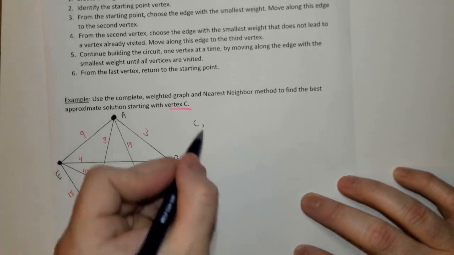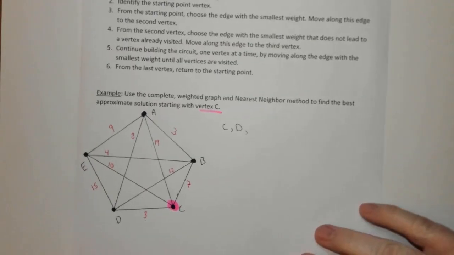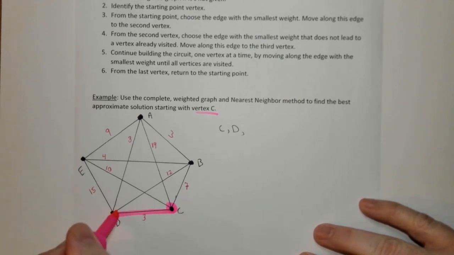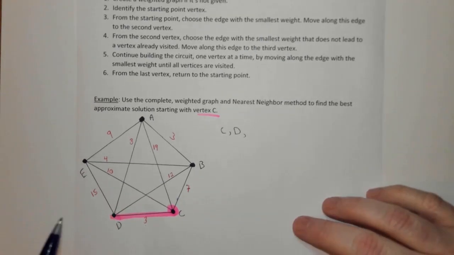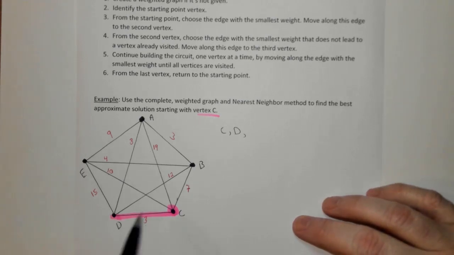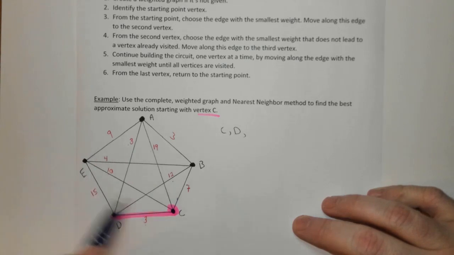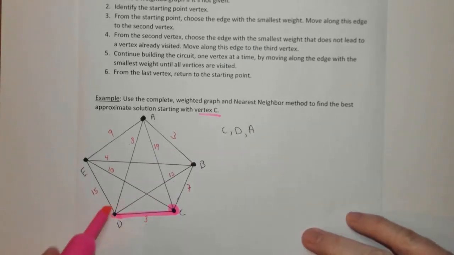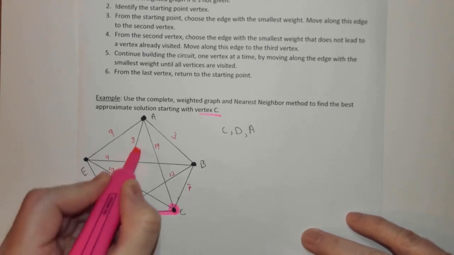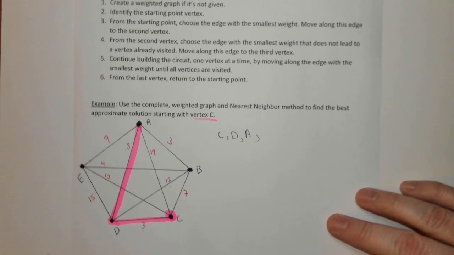Well, 3 is the shortest. Okay. So the first time I had 4 stops. Now I've only got 3 stops. Now we start over. 12, 8, 15. Well, 8 is the shorter one.